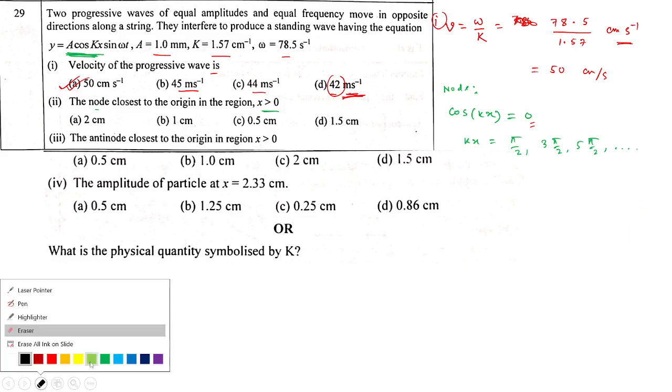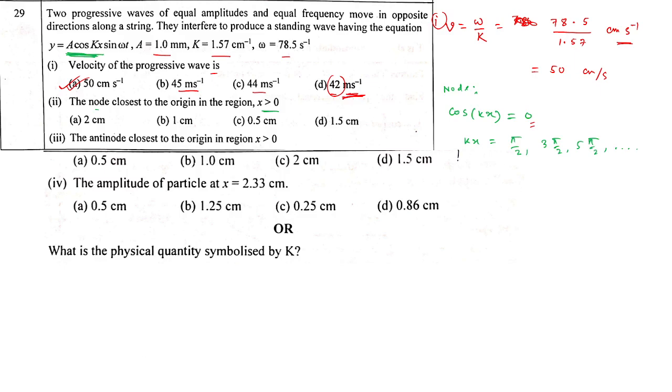So if we choose the first condition, kx is equal to pi by 2, x is equal to pi by 2k, and the value of k given in the question is 1.57.